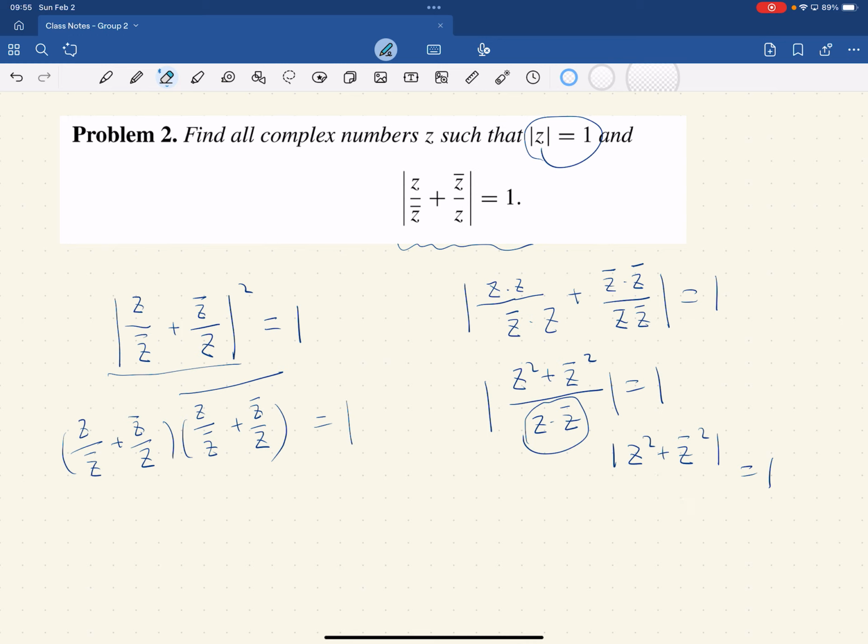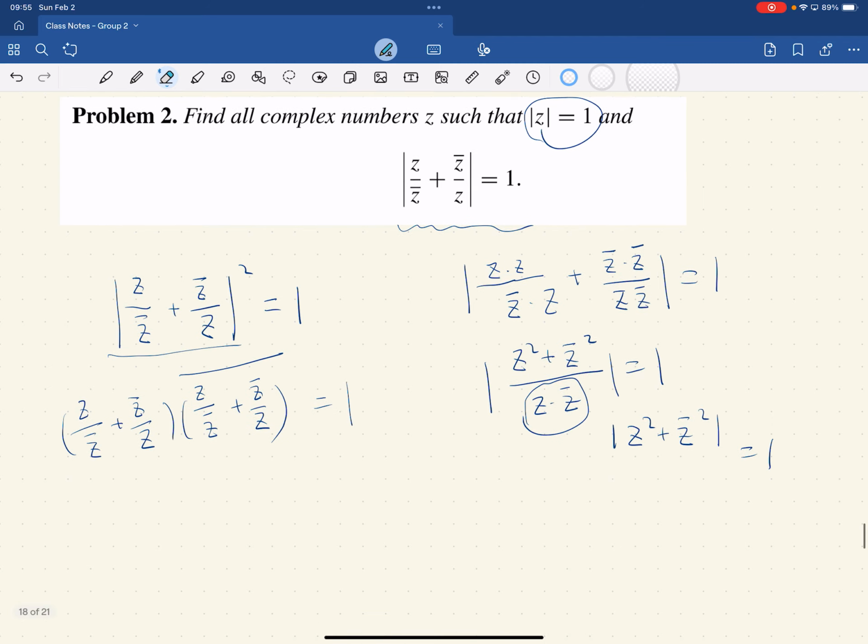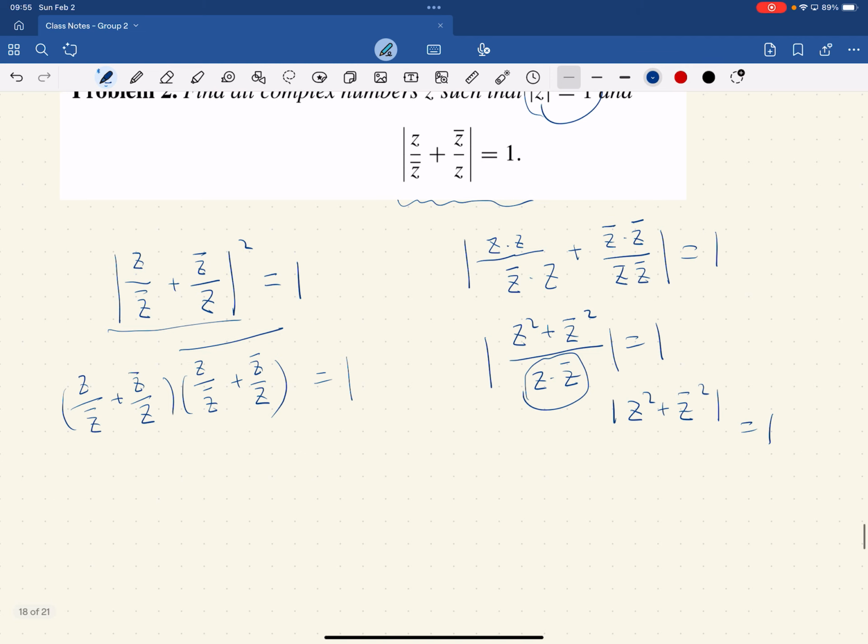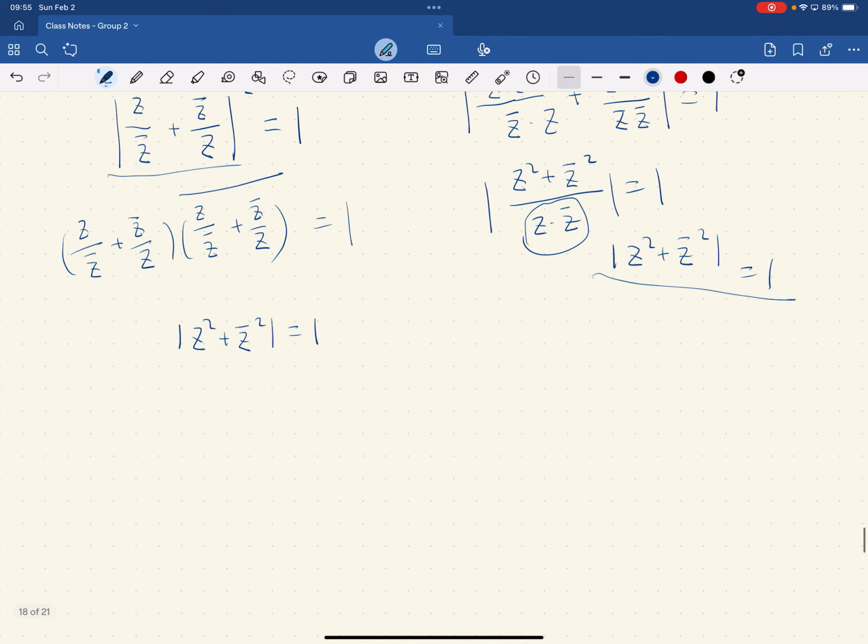So this simplifies it. So let's go this way. Let's say z is not 0. If z is 0, there's no way that this is a 1. So z is not 0.